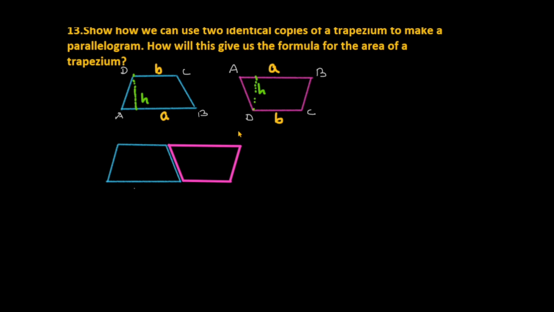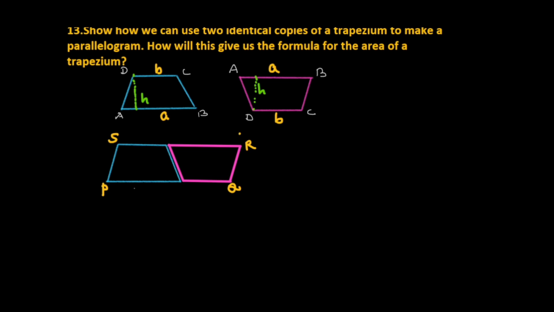Now when we keep the second trapezium beside the first trapezium and join these two trapeziums, we get a parallelogram. So when we join this, we get a parallelogram, say PQRS. The full shape is a parallelogram.